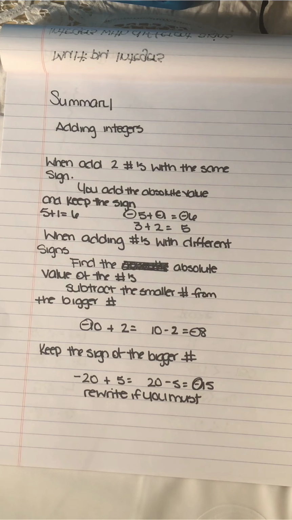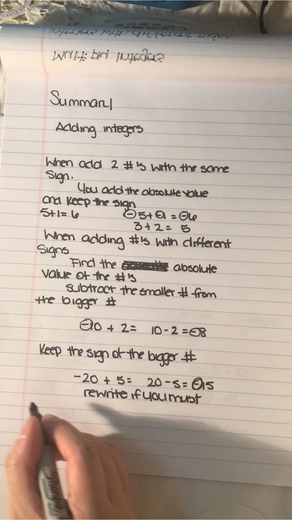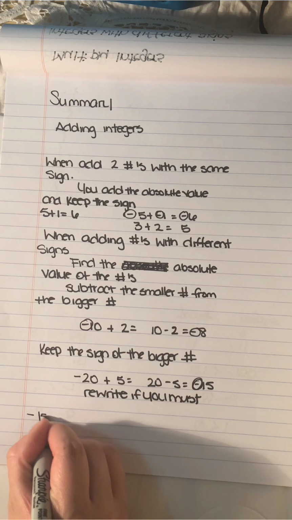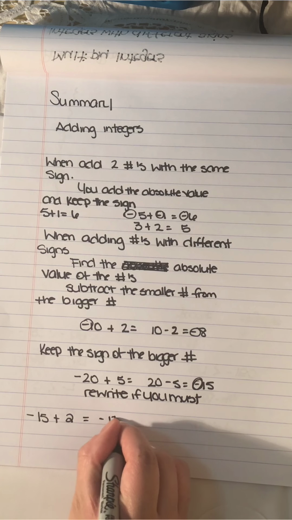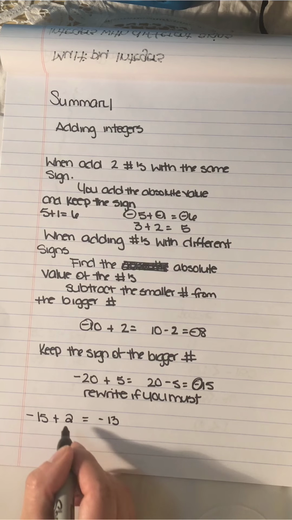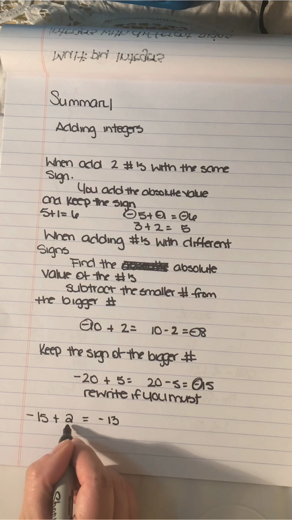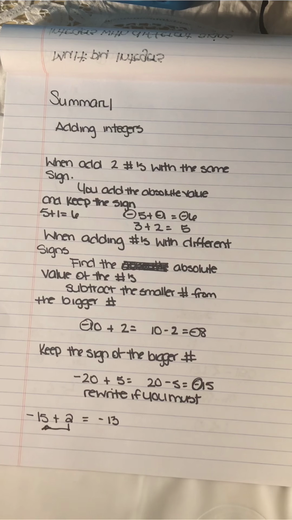Usually, I like to think of it automatically: when I see an addition problem dealing with two integers with different signs, I automatically know that I have to subtract the smaller number from the bigger number. I don't bother rewriting it, but it takes a lot of practice. So for instance, if I saw -15 plus 2, I know that it's automatically -13 because it's two different signs, and I know that I have to subtract the 2 from the 15 anyway.